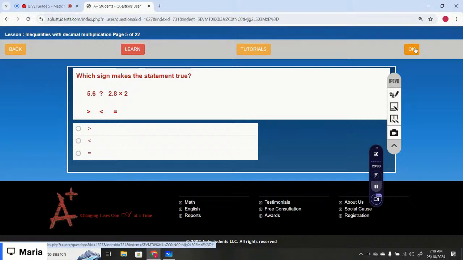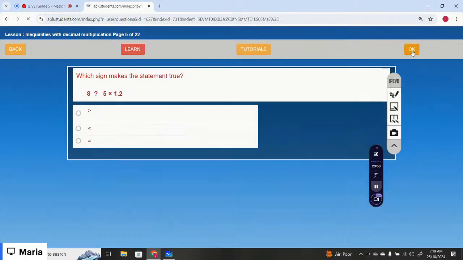The correct option is... they are exactly equal, right? They both are exactly equal, right?